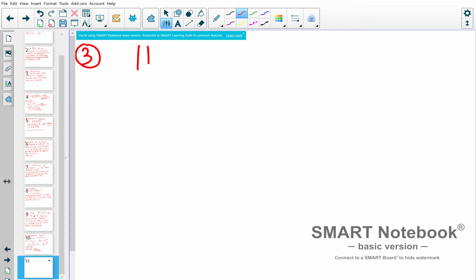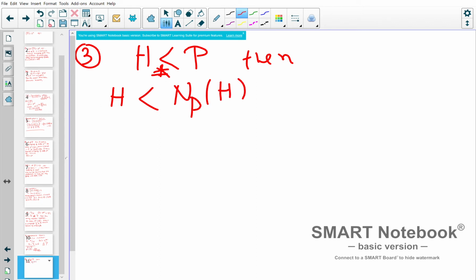Suppose now you have a subgroup of P, and then what happens? Let me write down: proper subgroup. Suppose H is a proper subgroup of P, then H is always a proper subgroup of the normalizer of H in P. Okay, so what does that mean?